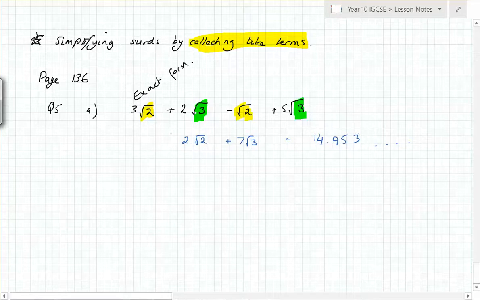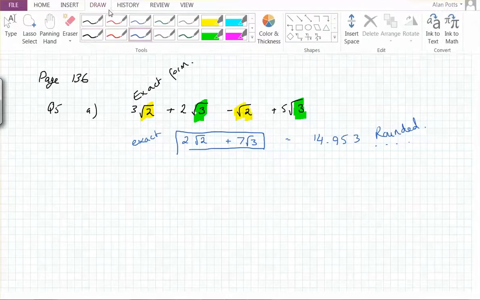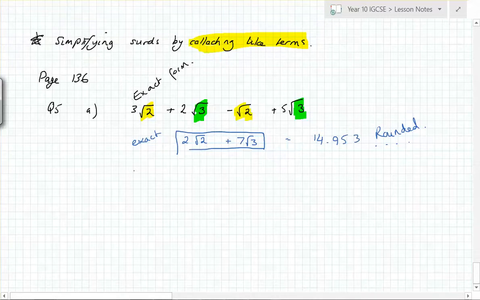Now, this and that are the same thing, but which one would I prefer to write? Yeah, exactly, the 2 root 2 plus 7 root 3, because this is exact, right? This is rounded, okay? And it leaves us with errors. So that's why we're doing it, right? So give an answer in simplest form.